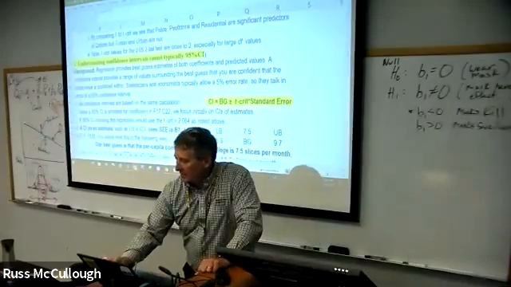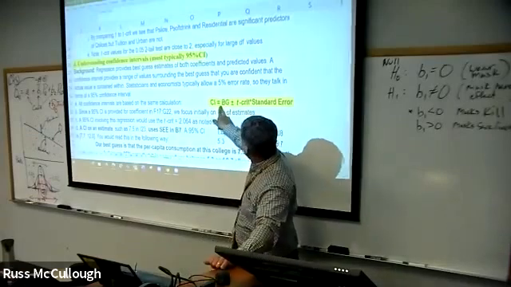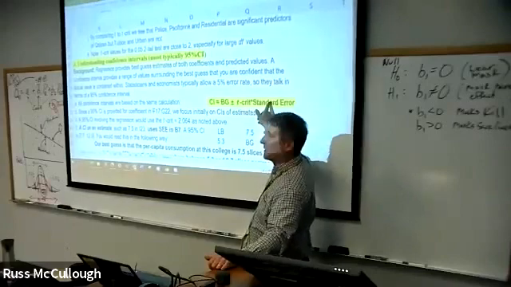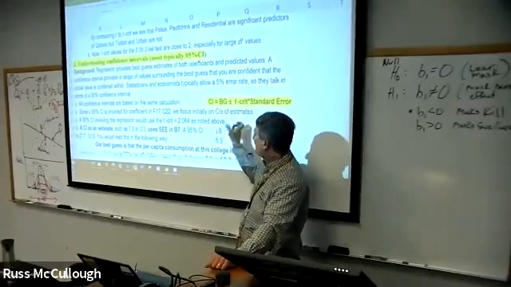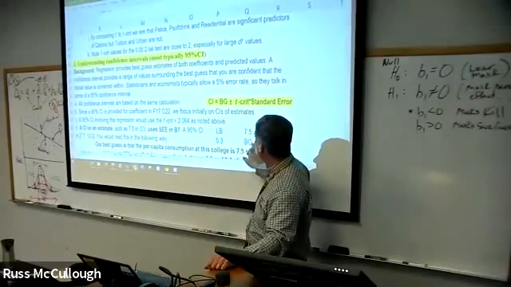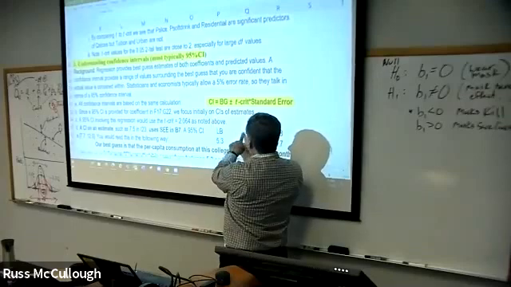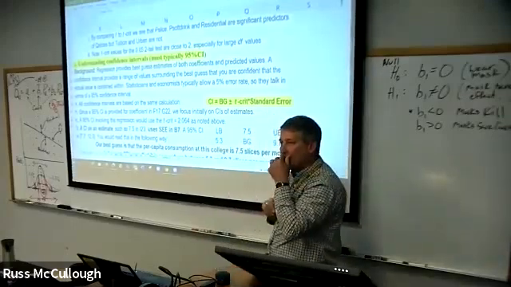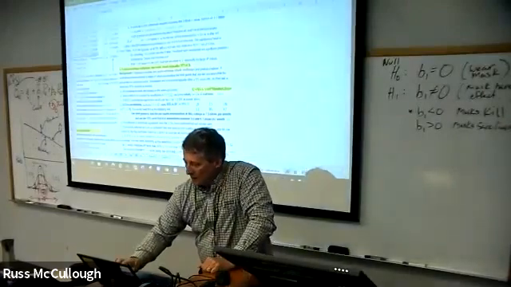So taking the critical t 2 times the standard error, our best guess is plus or minus 2 standard deviations, and that gives us our 95% confidence interval. So we're 95% confident that our 7.5 estimate is somewhere between 5.3 and 9.7. Okay.